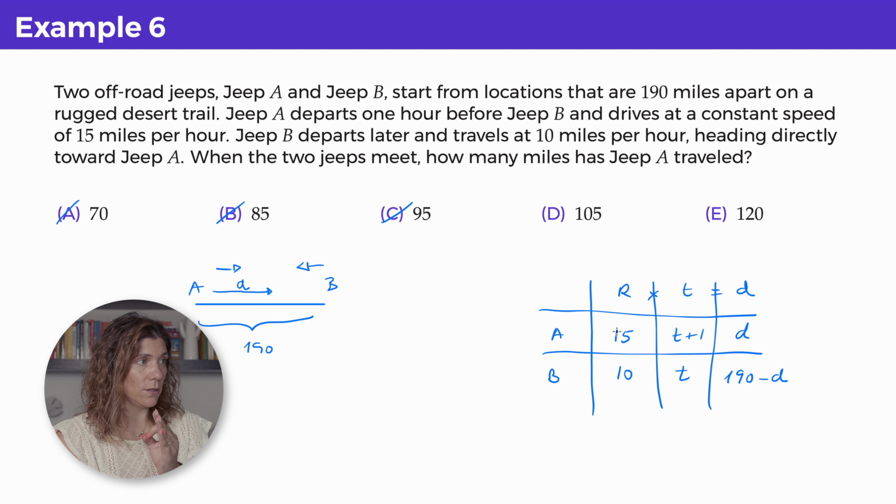So Jeep A must have traveled more than half plus that 15 miles. So 95 plus 15 is going to give us 110. With the lower speed, it must be higher than 110. So it cannot be answer choice D, and our only option is answer choice E.